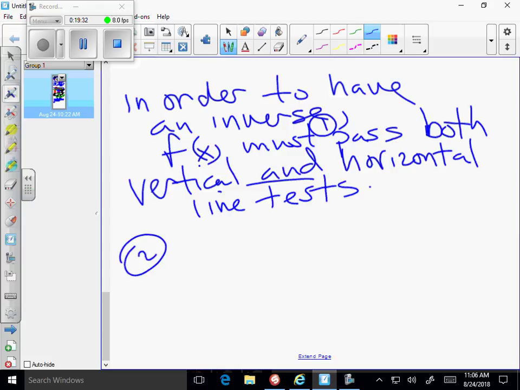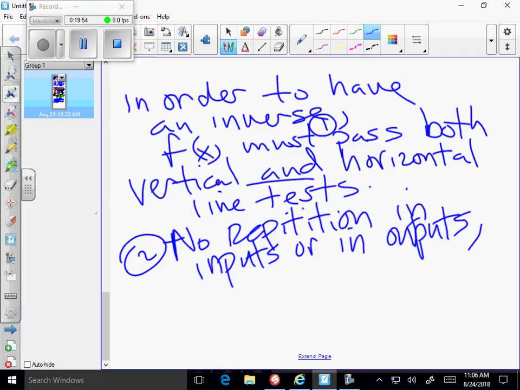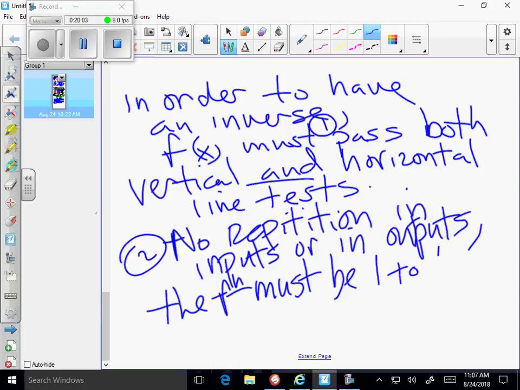Or, as Riley told us, in order for a function to have an inverse, there can be no repetition in inputs or in outputs, comma, the function must be one-to-one.